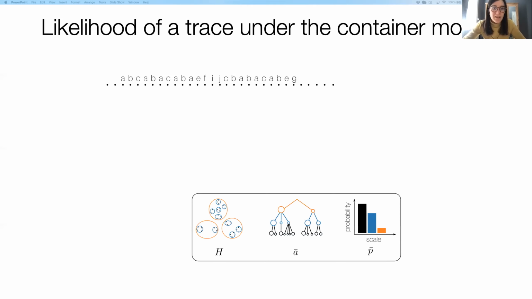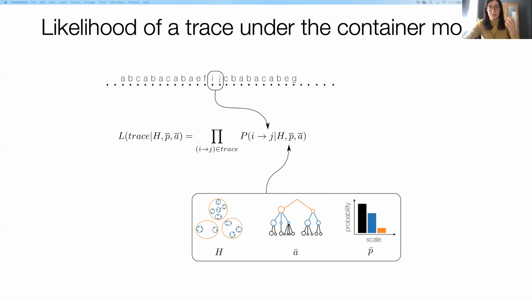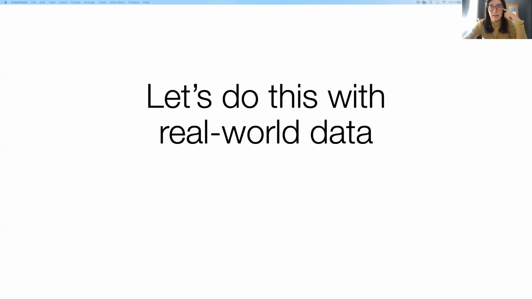So we have a trace, we have a candidate model, and we write the likelihood of each transition in the trace to occur given this potential hierarchical structure. So we write the likelihood of the trace given a candidate model, and then we can find the candidate model that is the most likely to have generated this trace by using a maximum likelihood technique.